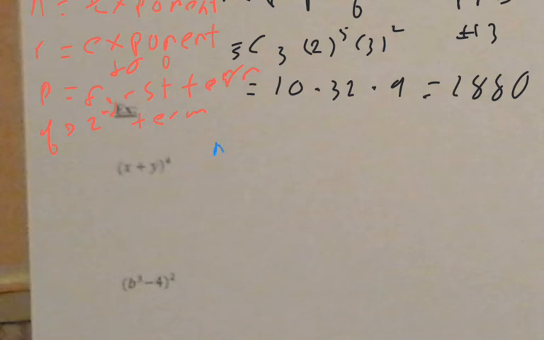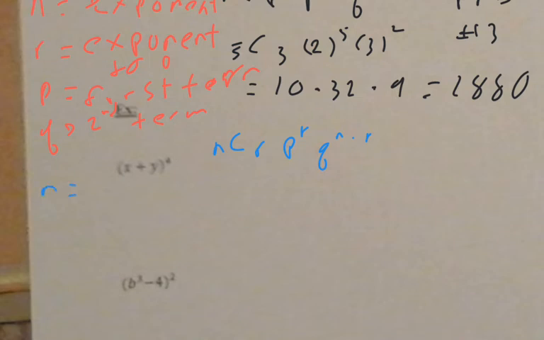Let's rewrite our formula. nCr, P to the r, Q to the n minus r. So now let's write over here what n equals.